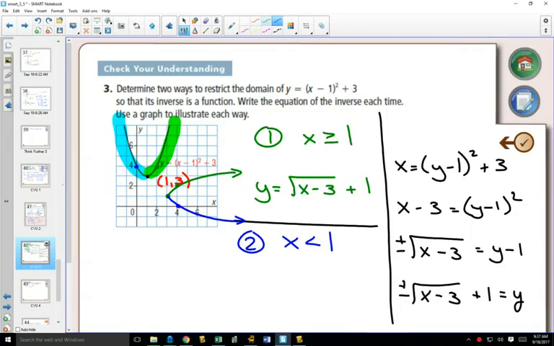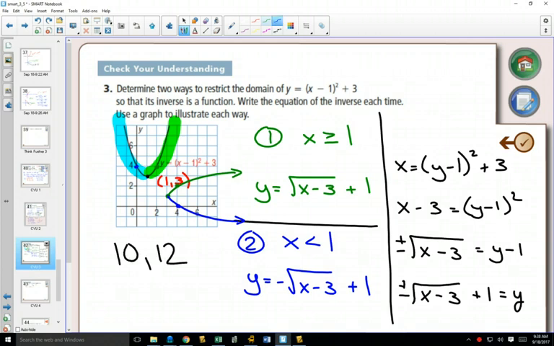And if you think about what its equation would be, well, it's been reflected over, moved 3 to the right, and 1 up. That would be the equation for the second one. You can have less than or equal to or just less than. So questions 10 and 12.